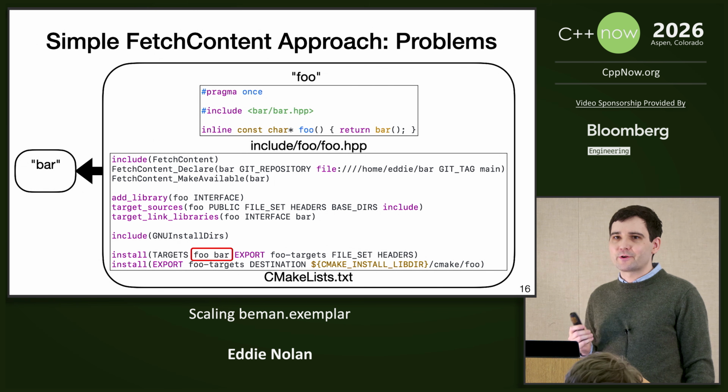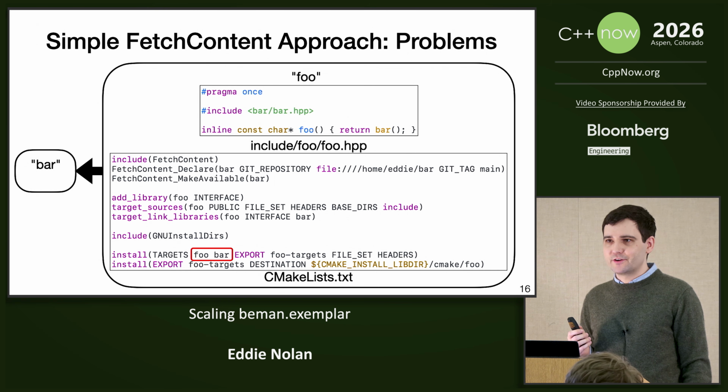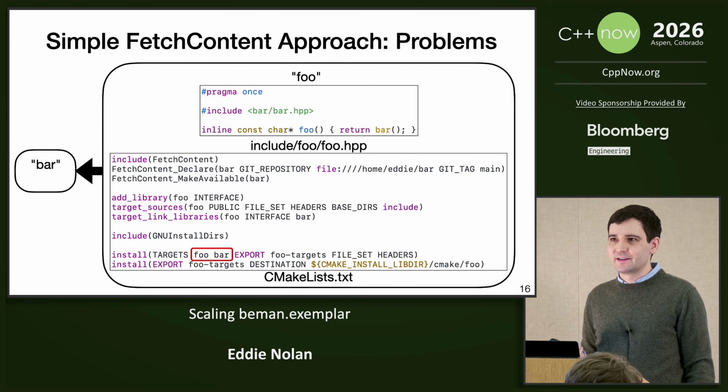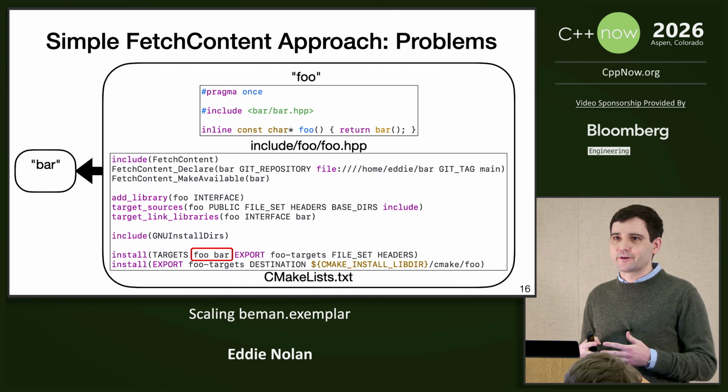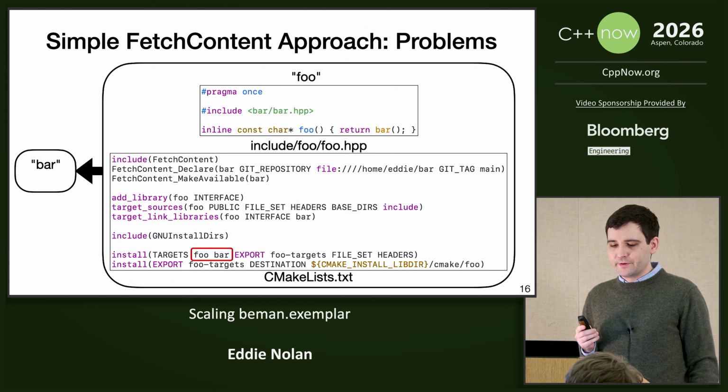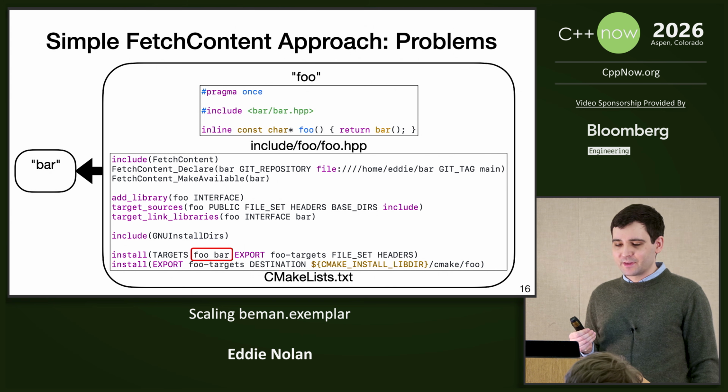And it's not a good practice to install your dependencies for a lot of different reasons. You don't want two libraries installing the same dependency to stomp on each other. But the fact that we're using fetch content here actually, to my understanding, forces us to use this best practice.